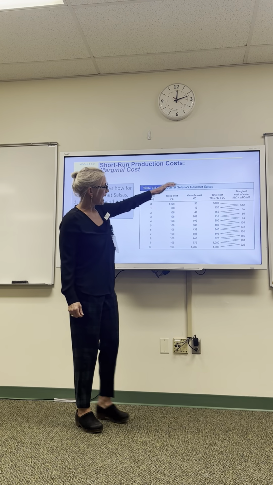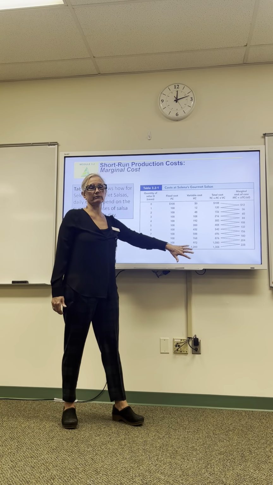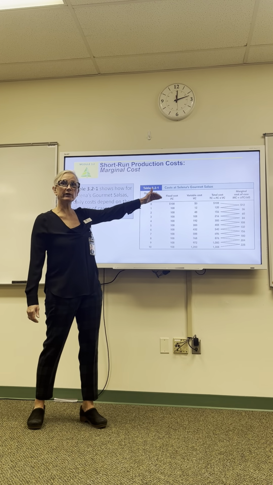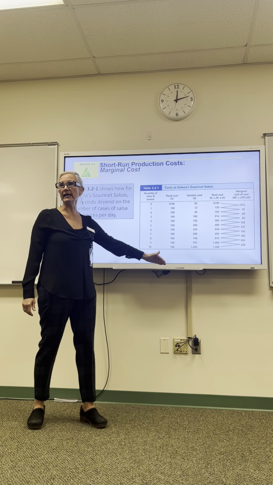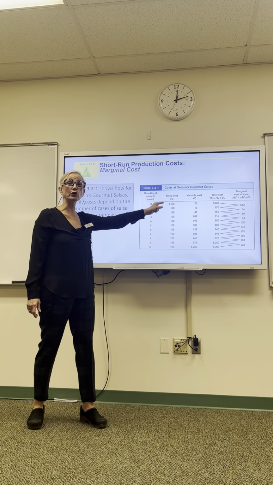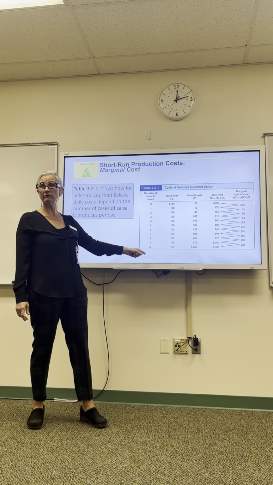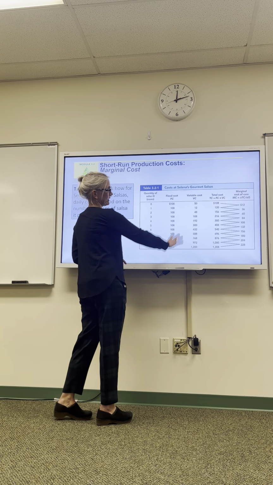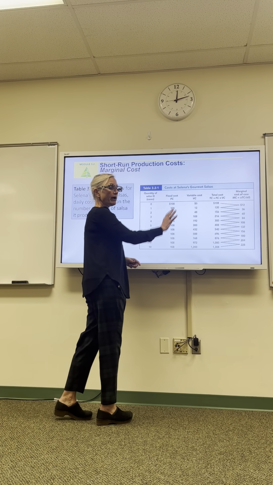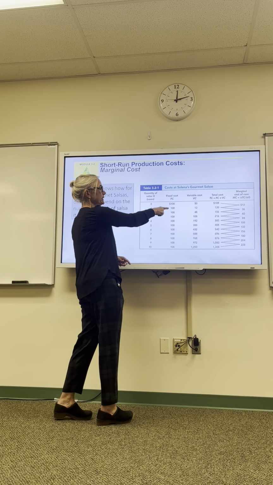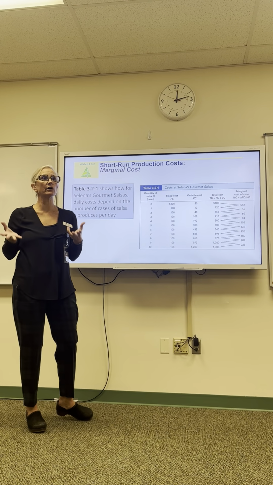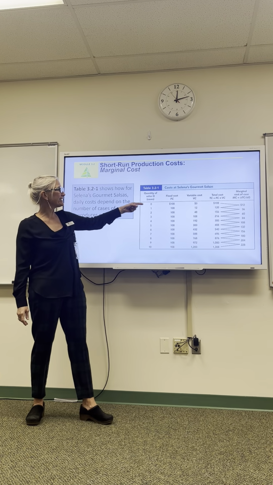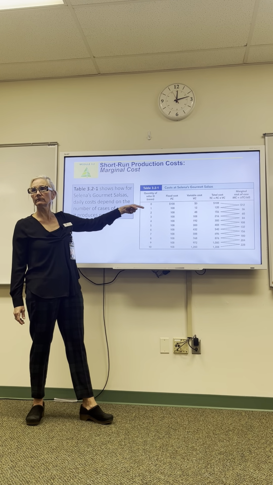When these boxes aren't all filled out, and you need to fill them out, fixed cost, as you can see, is always the same, because fixed costs don't change given how much output you're producing. If some of these are blank and you have to fill them in, one of the tricks to figuring out this firm's fixed cost is to look at total cost when there is zero output.